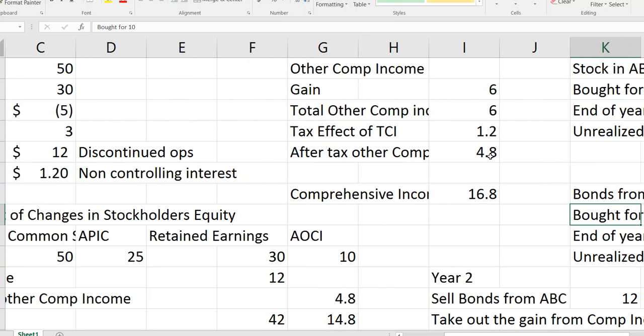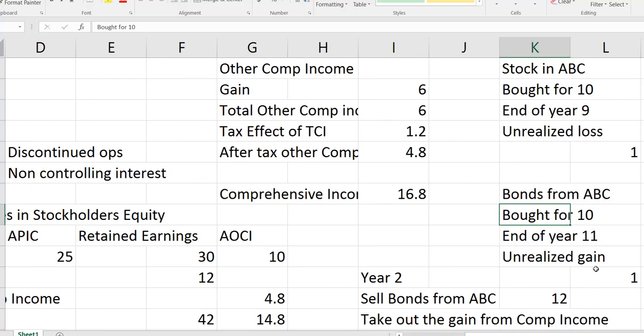However, one of the things that's happened is we recorded this unrealized gain last year here. So if we're in a new year, okay, then this 4.8 carried over to the new year. So that was from year 1, but now we're still counting it in this accumulated other comprehensive income.